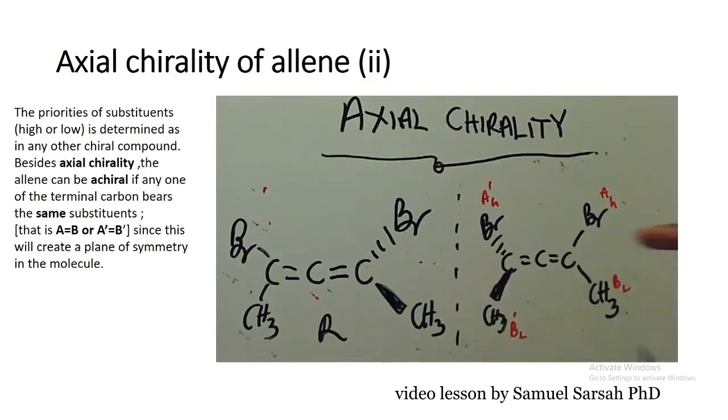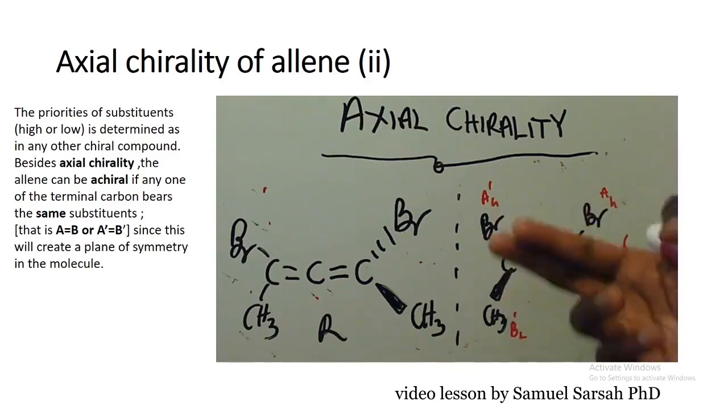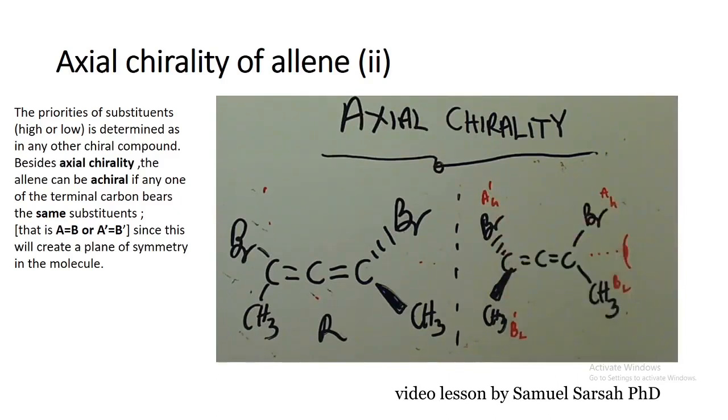And then again we can go ahead and look at it. So I'm going to assume that I'm standing here. If I stand here, this group and this group are in the vertical plane of the board. This and this are pointing in and out towards me.